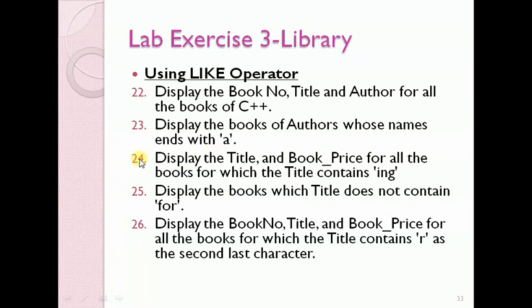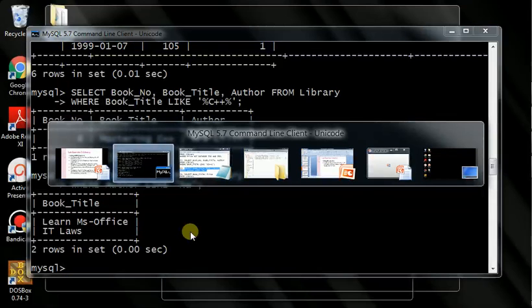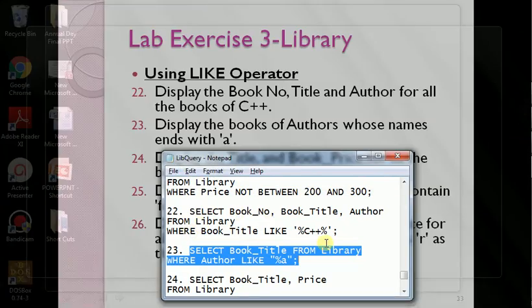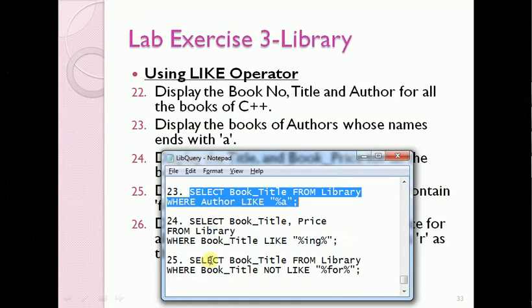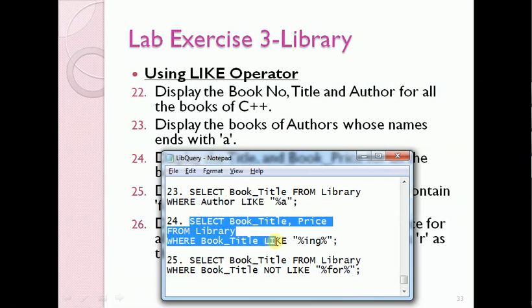Now let's look at the 24th question. Display the title and book price of all the books for which the title contains ing. That means it must contain ing. Let's find out the query for this. Select book title, price from library where book title like contains ing.